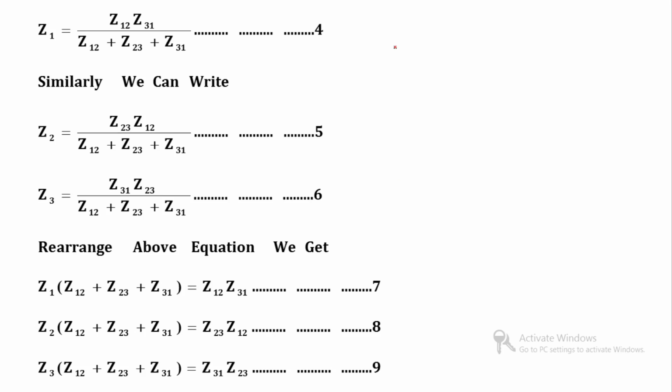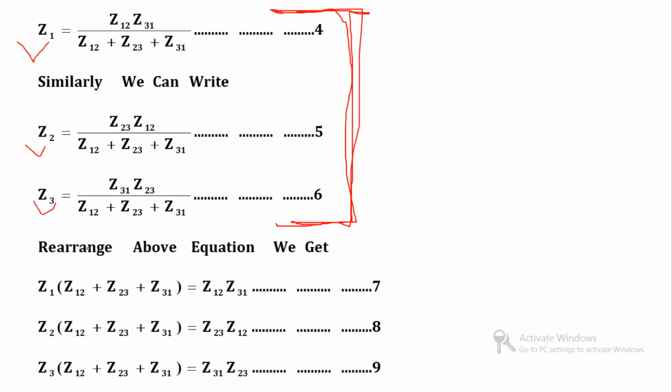So we will use the formula that we have derived for delta to star. We will use the same formula, and the simplification will continue from the delta to star conversion. That means you have three impedances Z1, Z2, Z3. So now let's rearrange the above equation.